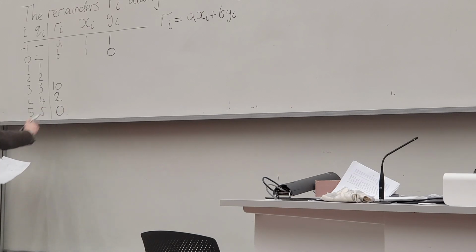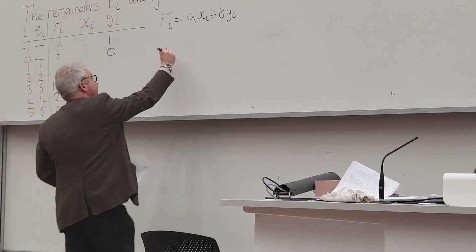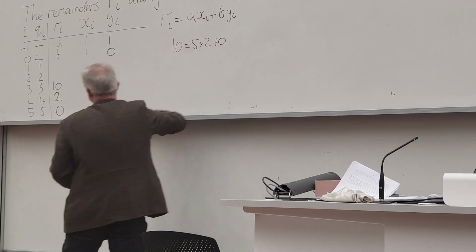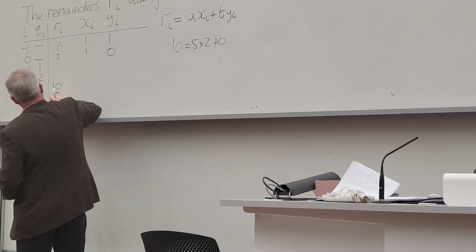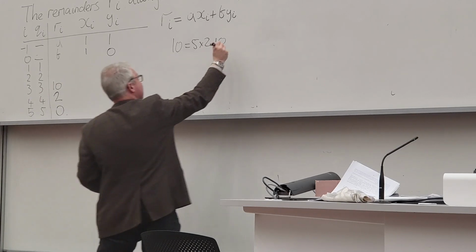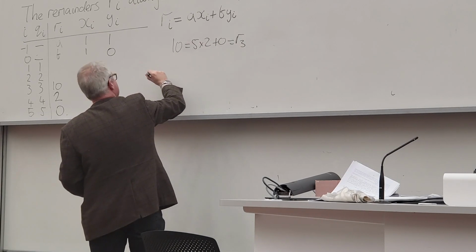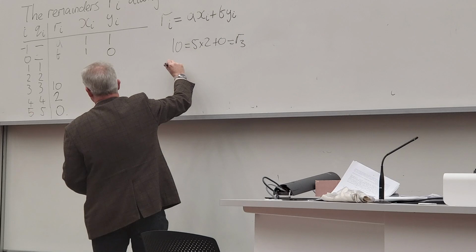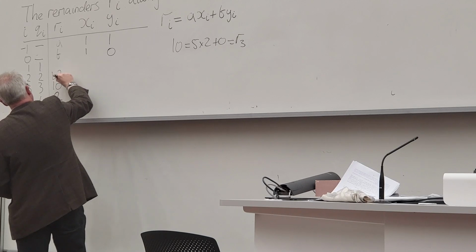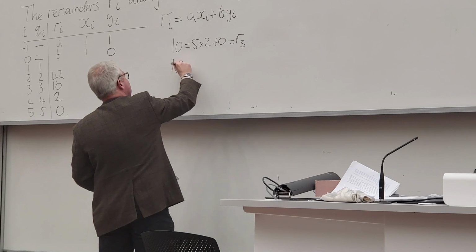So we have i, Qi, Ri, Xi, Yi. And we always start with i's minus 1, and there are no Qi values for those because we're setting up what is effectively row operations. And so you get the unit matrix here.